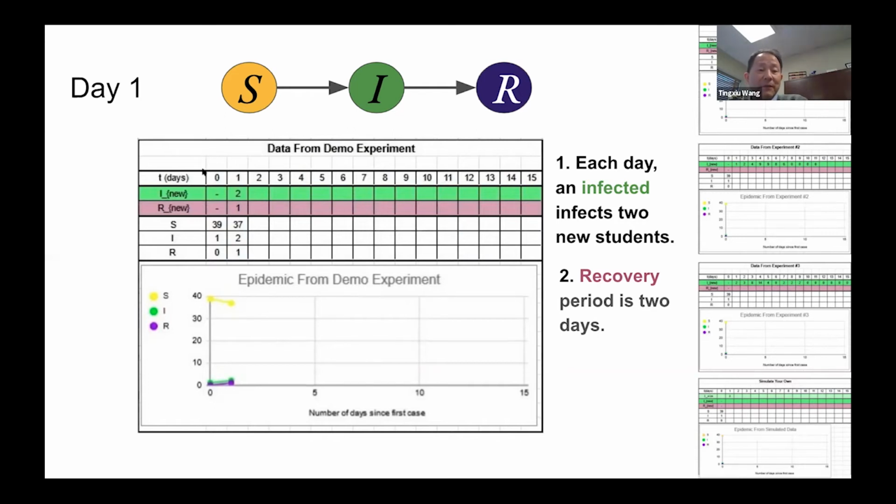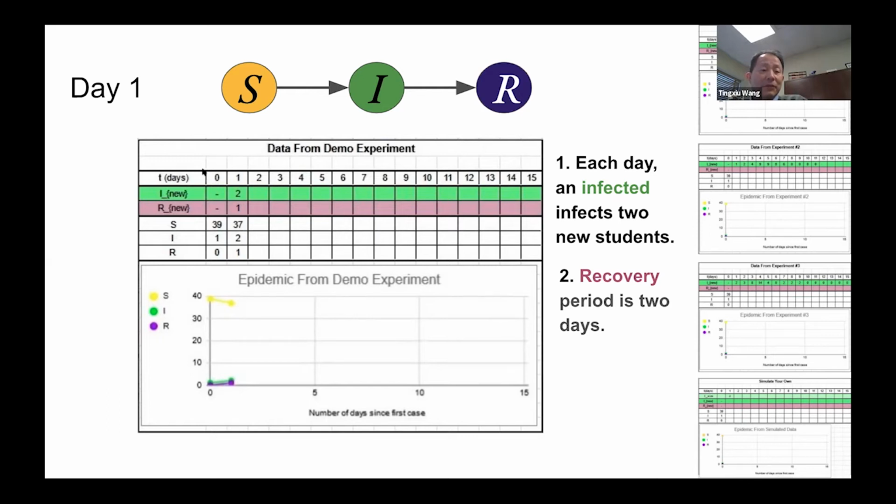But however, there would be one recovered, the recovery period is 2. So assuming half of students will recover. So that means, on day 1, if you take 1 divided by 2, that is 0.5, we round it to 1 recovered.